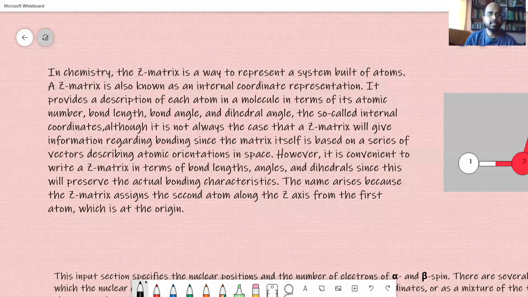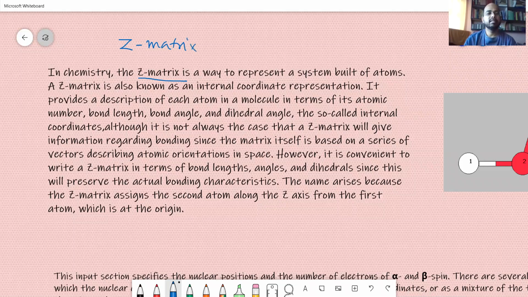In chemistry, the Z matrix. Some people call it Z matrix, I call it Z matrix in the Indian system. Z matrix is a way to represent the system built of atoms, and it is also known as an internal coordinate representation.